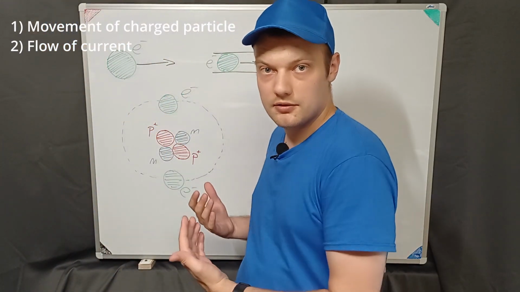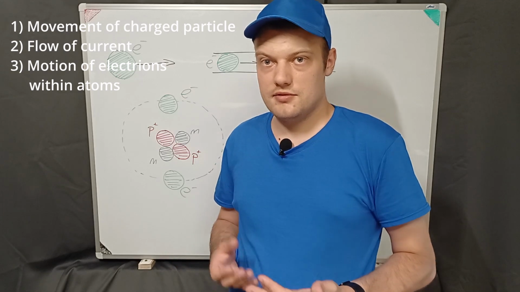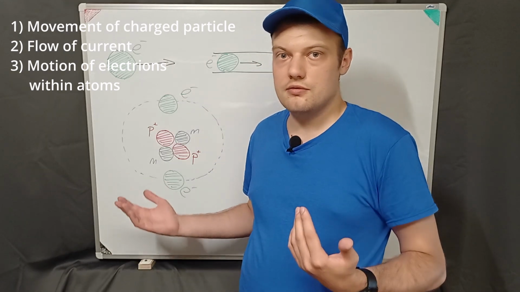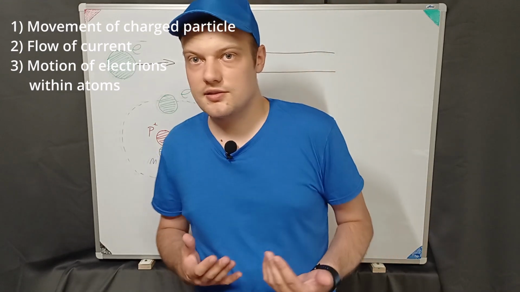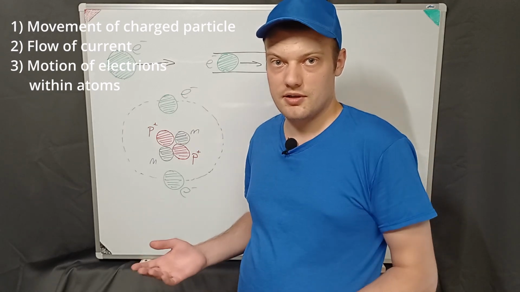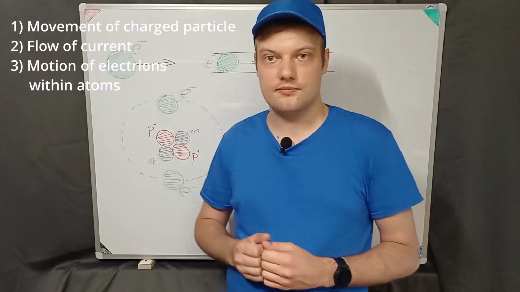And third, from the motion of electrons within atoms, which is what gives rise to permanent magnets. Even though these are quantum effects, the core idea is still the same. Moving electric charge creates a magnetic field, even on the microscopic scale.